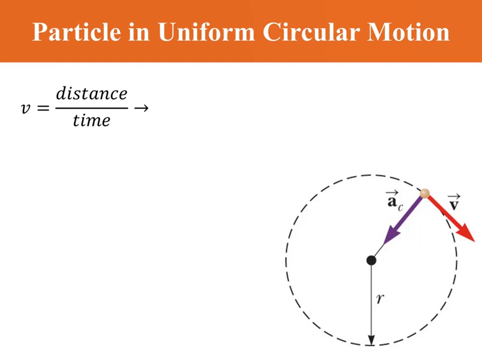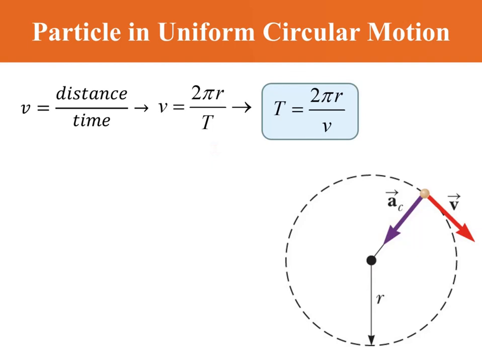For a circle, the distance traveled by an object is equal to the circumference, which is 2 pi r, and the time for an object to rotate in one cycle is the period. So v can be written as 2 pi r over period, or the period itself can be written as 2 pi r over v.